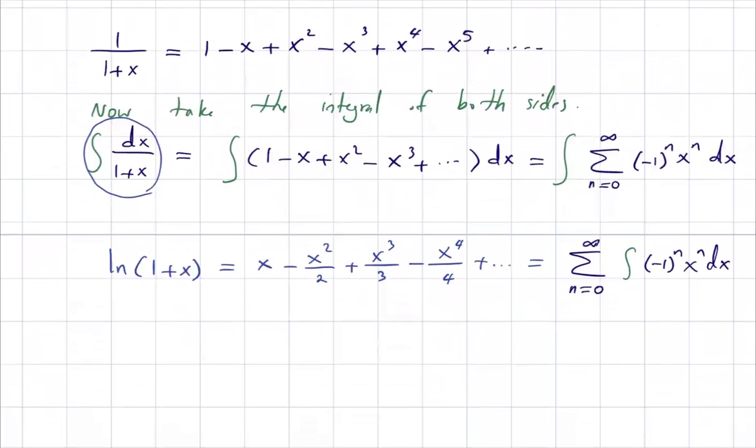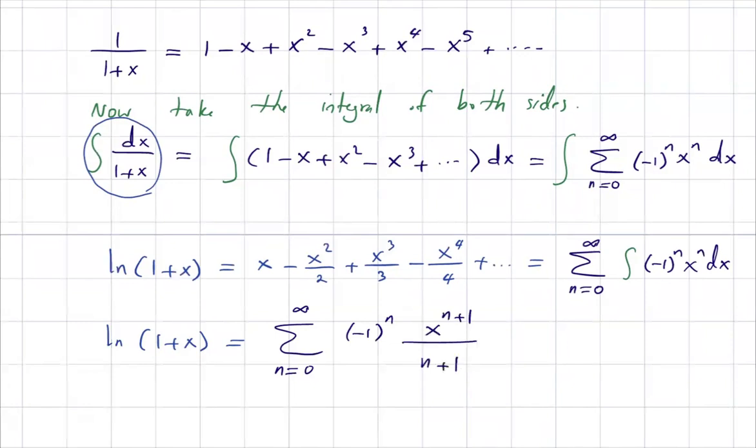So what do we have here? We have ln of 1 plus x equals, you can copy down the rest of the things here, or just copy the summation, starting from 0 to infinity, of (-1)^n x^(n+1) divided by n plus 1, and that's it.